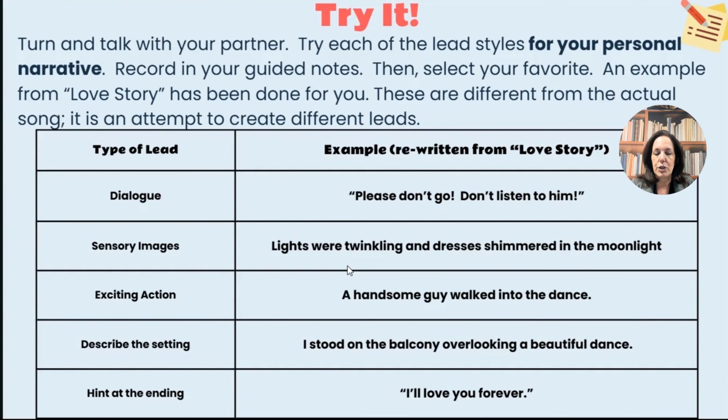Please note that you don't need to use every single sensory image. An exciting action. A handsome guy walked into the dance. Describe the setting. I stood on the balcony overlooking a beautiful dance. A hint at the ending. I'll love you forever. So these are different possible ways to start Love Story.